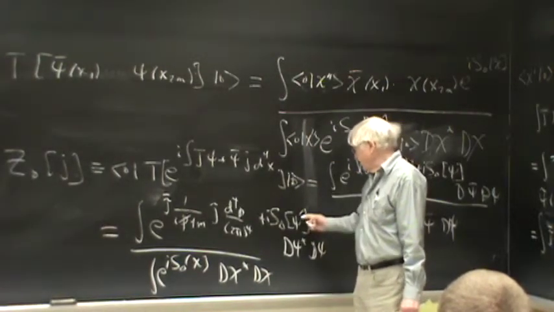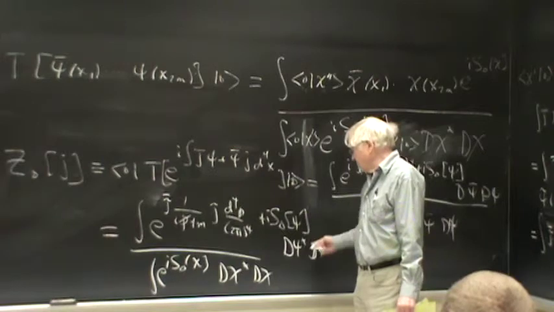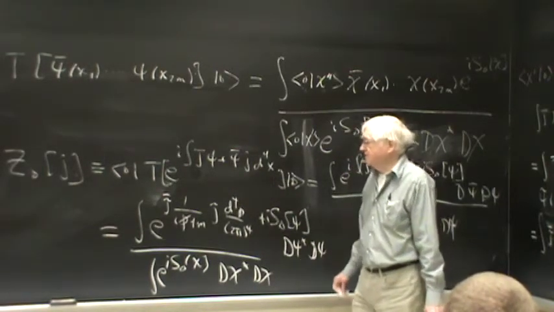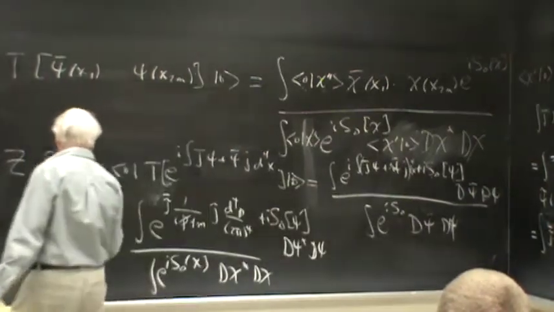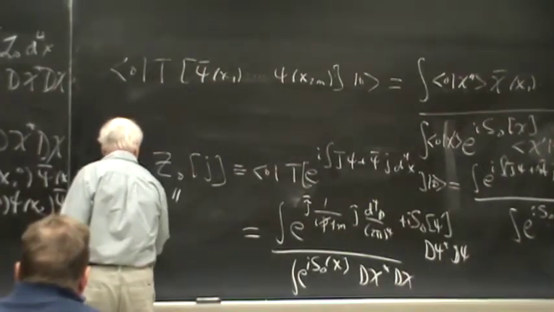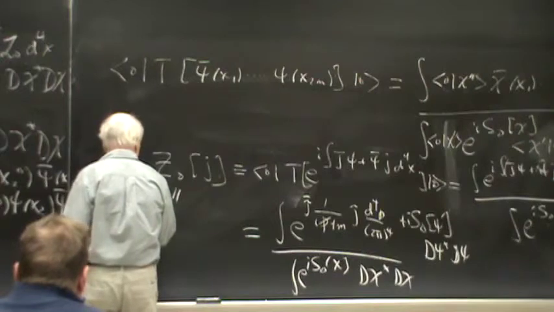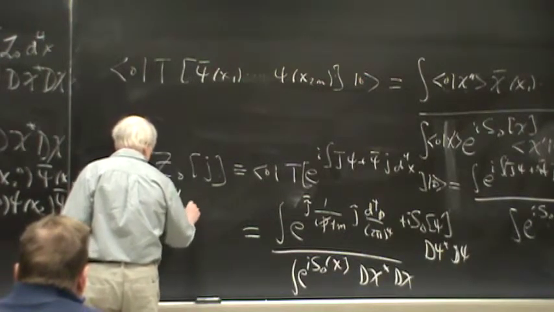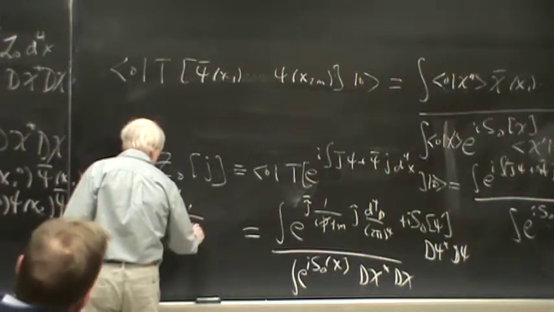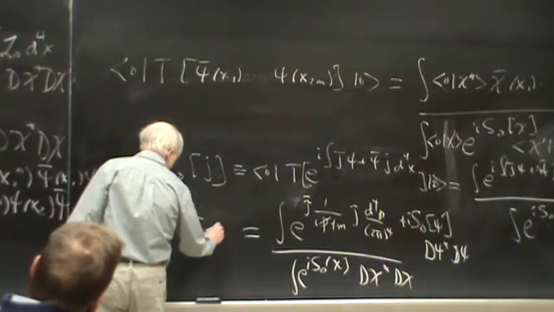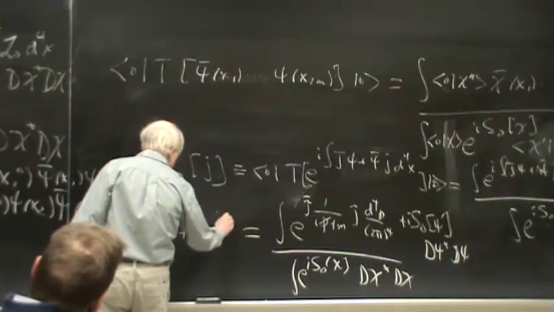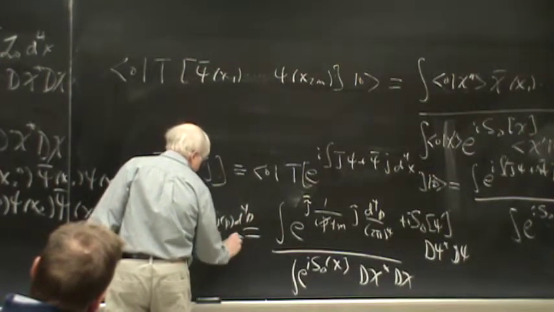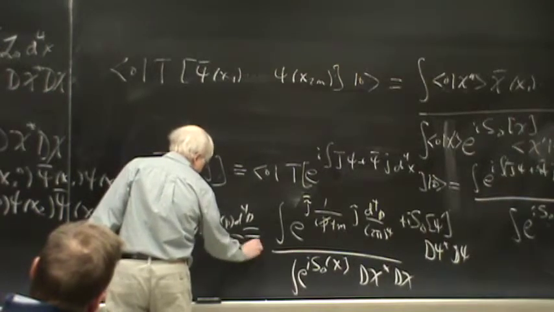Well, the integrals are the same because this is just a shift. So those all cancel, and the result is that Z0 of J is just e to the integral of j tilde of p, 1 over i p-slash plus m, and I'll put in the minus i epsilon, j of p, d4p over (2 pi) to the 4th.